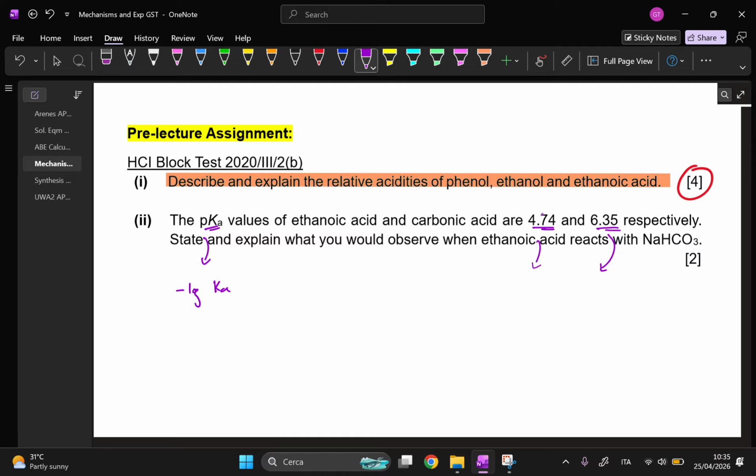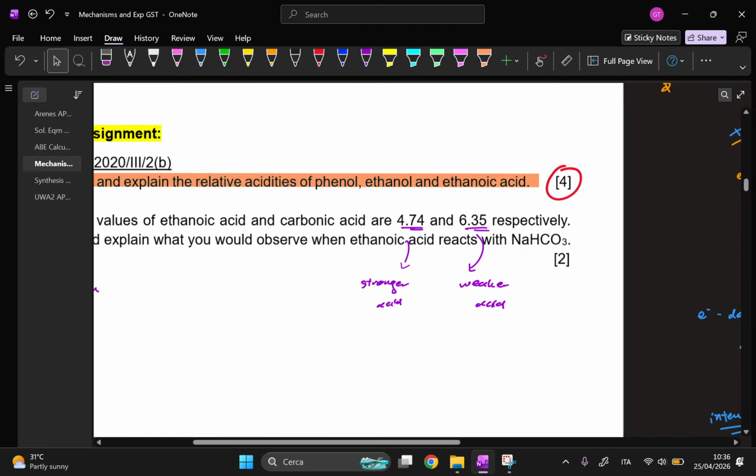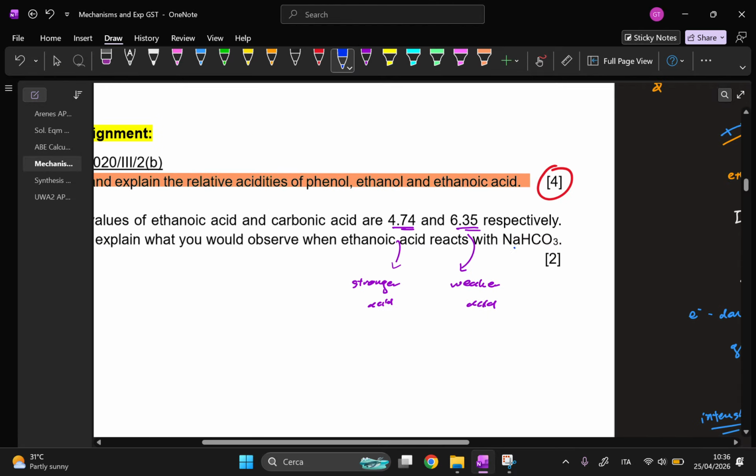So because ethanoic acid has the lower pKa, it is a stronger acid as compared to carbonic acid, which is a weaker acid. So because ethanoic acid reacts with NaHCO3, obviously this hydrogen carbonate is going to, in this case, act as a Bronsted-Lowry base.